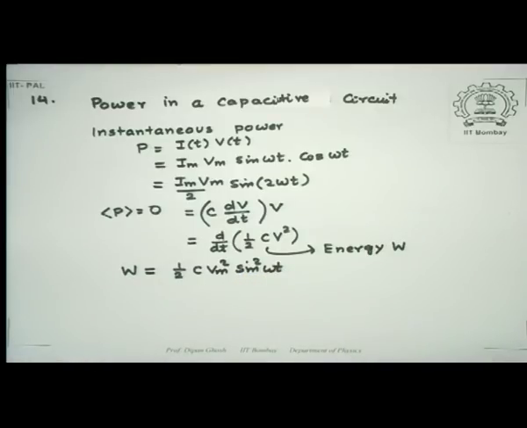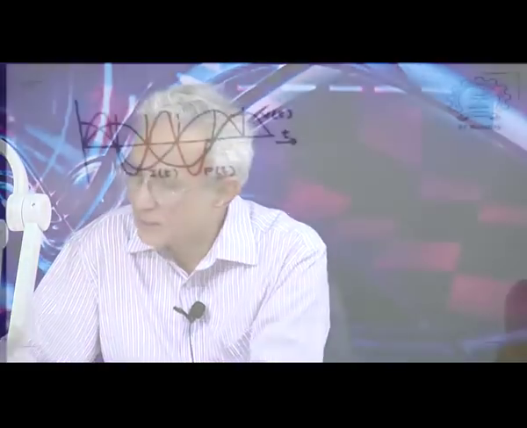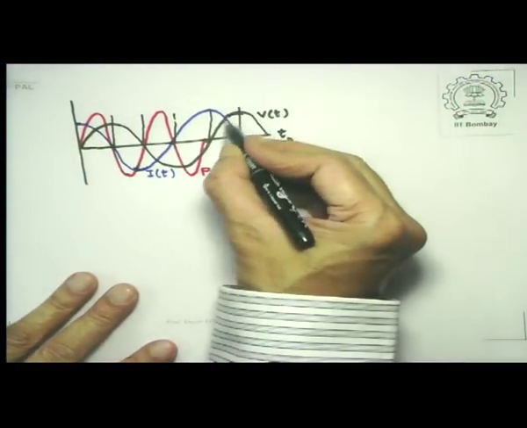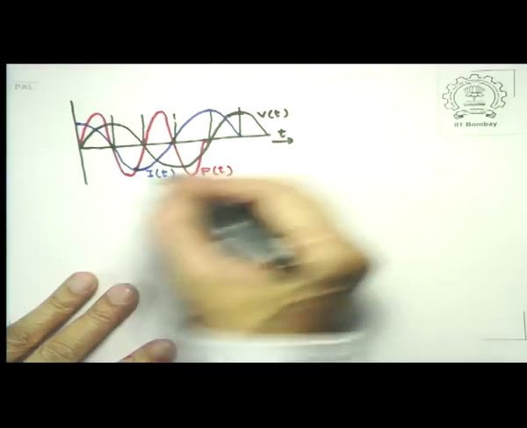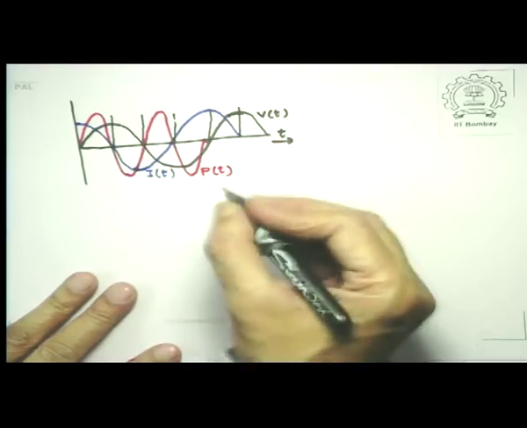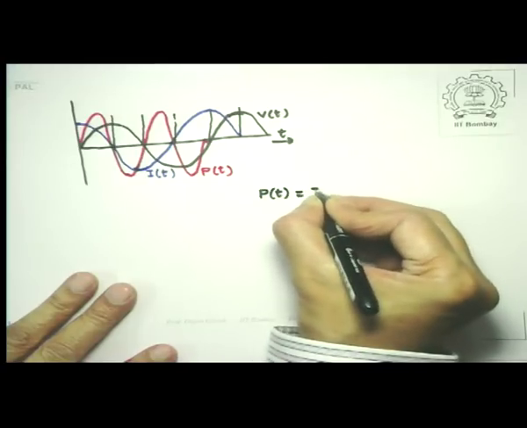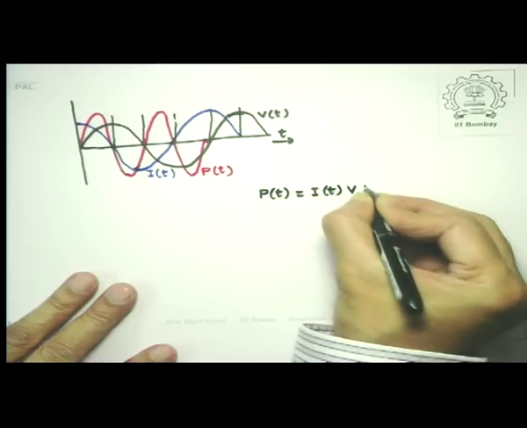Now let us look at the way the power changes. So let us look at what happens to the power curve in this case. In this graph, I have plotted the voltage V of t in black and the current in blue, and the power P of t, instantaneous power, is given by I of t into V of t.